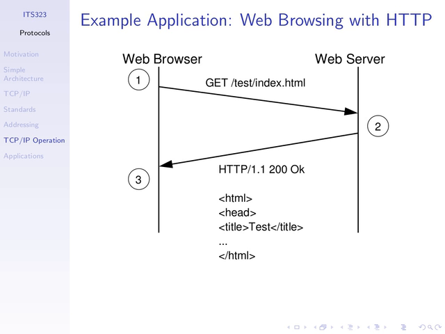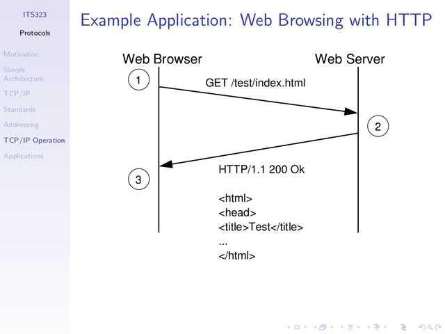When the web server receives this special message saying, I want to get the file in the directory test and the file name index.html, it checks in its directory on its hard drive, does it have the file index.html? If yes, and everything's okay, it sends back that file, or the contents of that file, in a response.